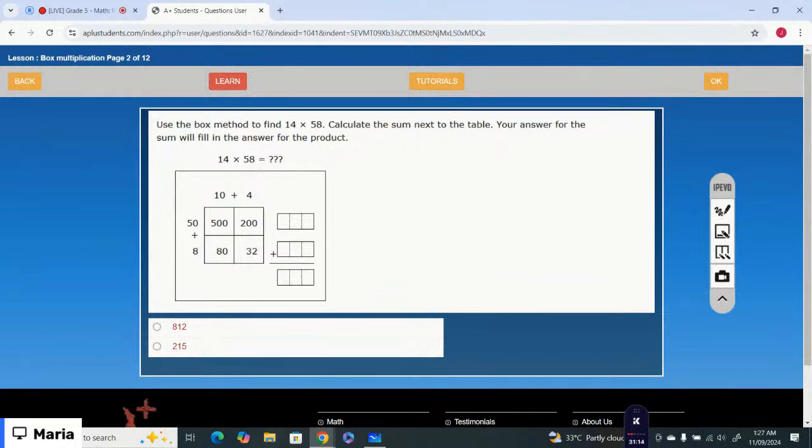Use the box method to find 14 times 58. So which option is the correct one?